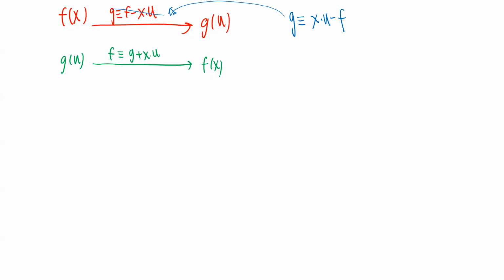If that's the case, then f is no longer g plus xu. f has to be xu minus g. This step is nothing but a convention. We are not changing the whole idea. We are still following the whole idea, just giving a minus sign in the process.